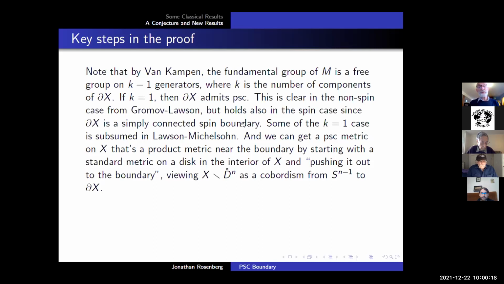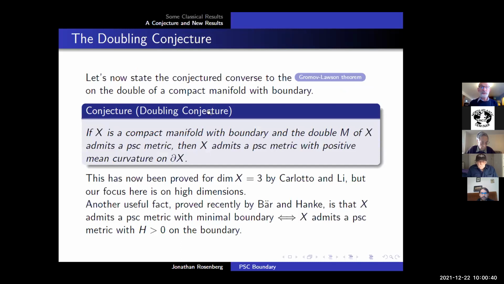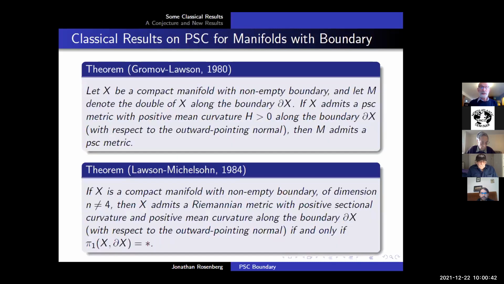So since it's a spin boundary and the alpha invariant is a spin bordism invariant, the alpha invariant of the boundary of X is 0 in that case. Now, some of the k=1 case is subsumed in Lawson-Michelsohn because remember, Lawson and Michelsohn showed that, let me just go back here to their theorem, if X and boundary X are both connected and simply connected, then of course this hypothesis here is satisfied.